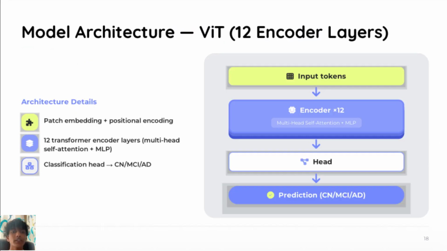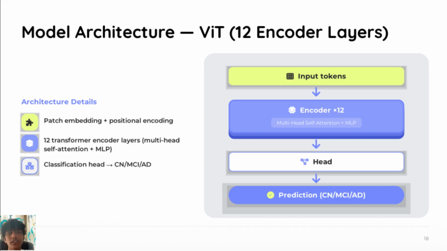The main model was a vision transformer with 12 transformer encoder layers. The model started with patch embedding, where each image patch was converted into a numerical representation. The positional encoding was then added, so the model still knew where each patch came from in the image. After that, the tokens passed through 12 transformer encoder layers.